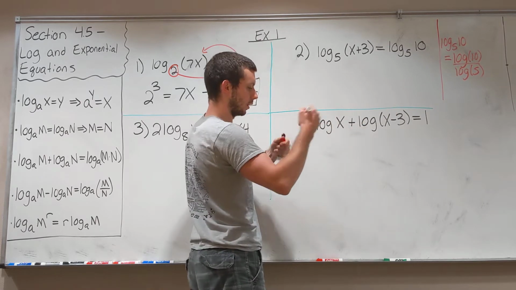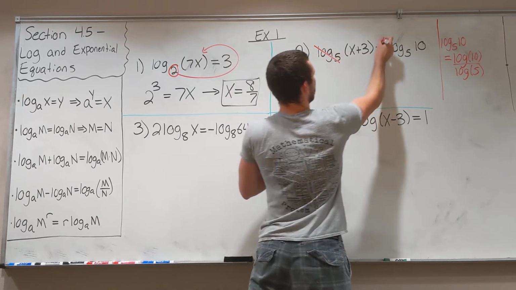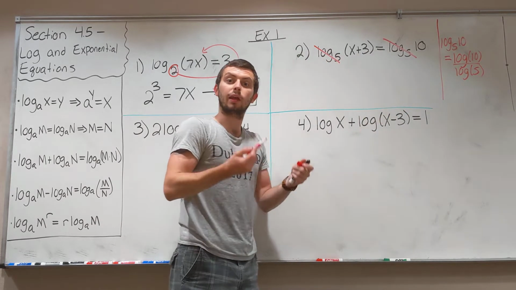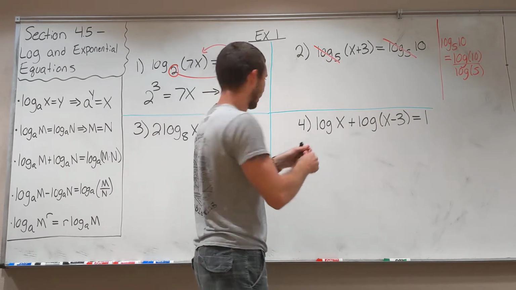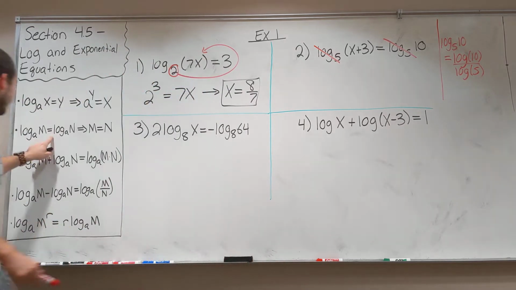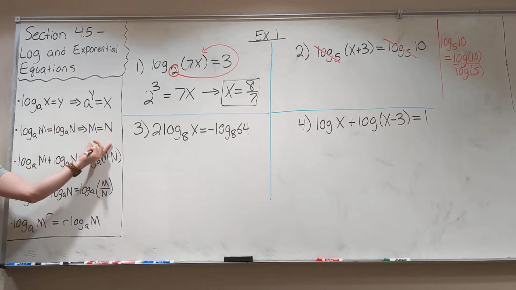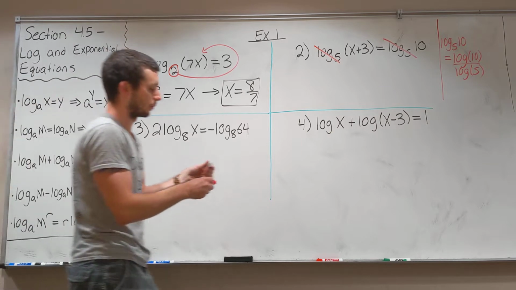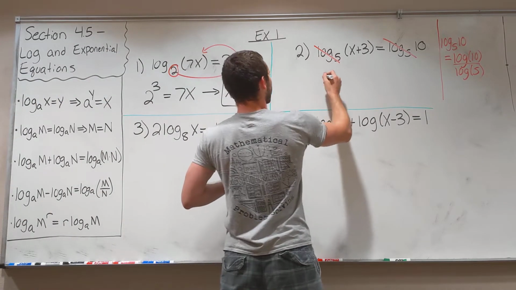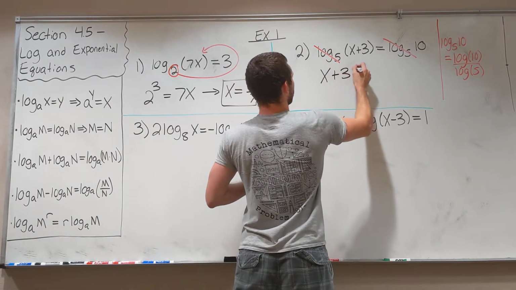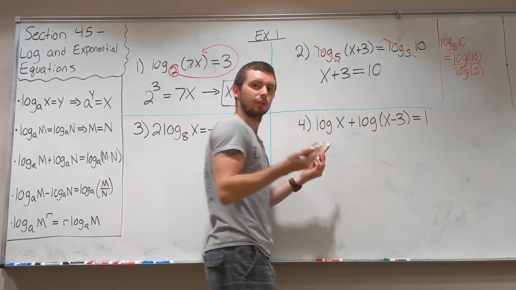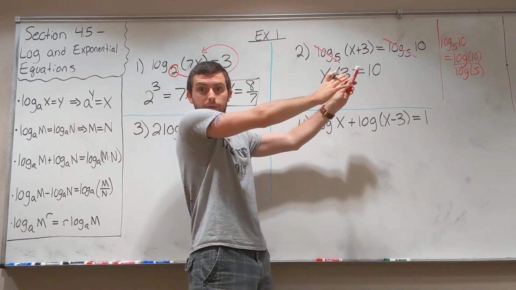The simple idea here is that these logs cancel. That's what the second rule says: if the logarithms are equal with no interference anywhere around the logarithms, then we can cancel out the logarithms. What that leaves us with is x plus 3 is equal to 10. See how nicely that's simplified?